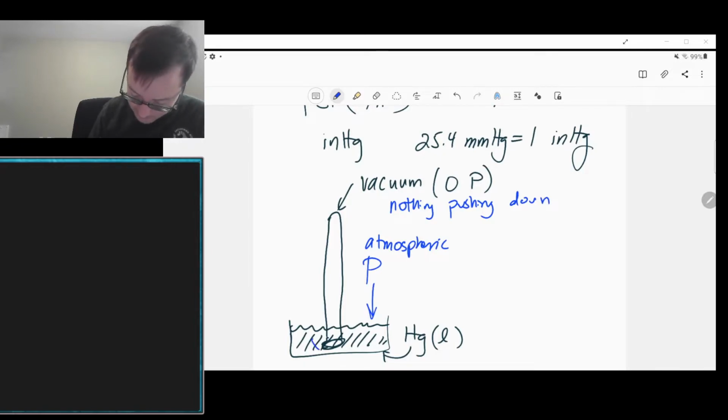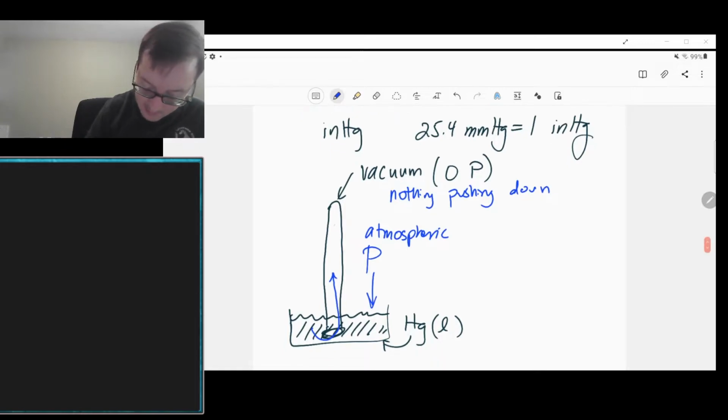And so the mercury then ends up going up the tube against gravity. So we have opposite forces here. We have pressure pushing things up into the tube, and we have gravity pulling it down.